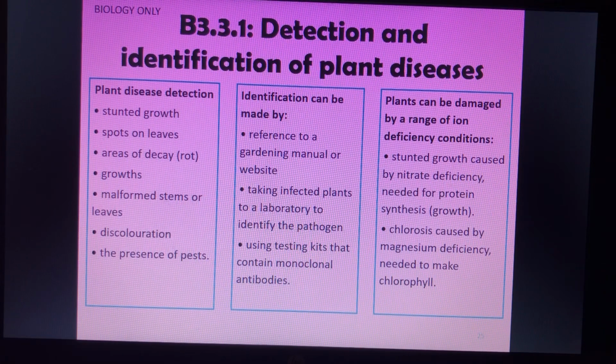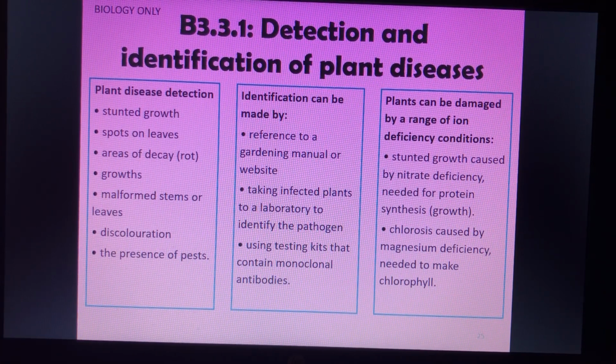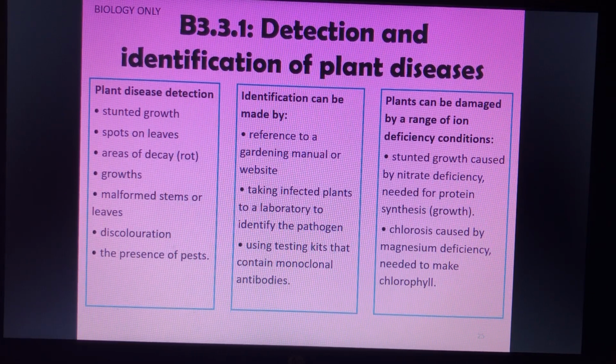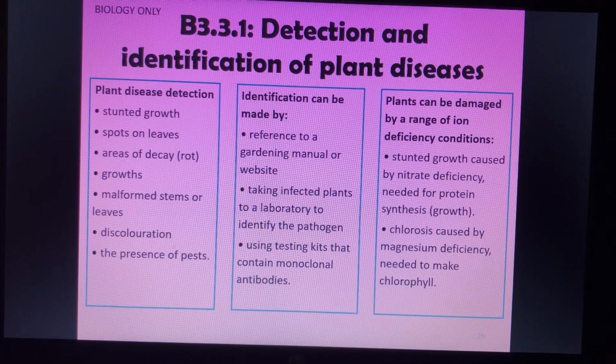There are a couple of deficiency conditions we need to know about. One is if the plant has a lack of nitrate. Now, nitrogen is found in amino acids. Amino acids build up to make proteins. So if the plant is lacking nitrogen in the form of nitrate, which comes from the soil, then it's not going to have very good growth because it can't build those amino acids and therefore proteins, which we know are for growth and repair.